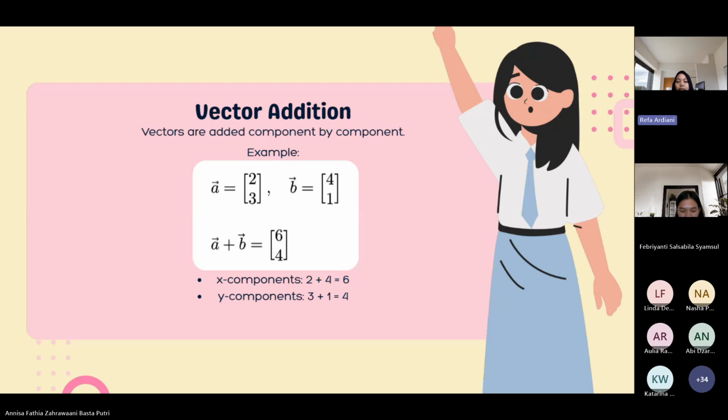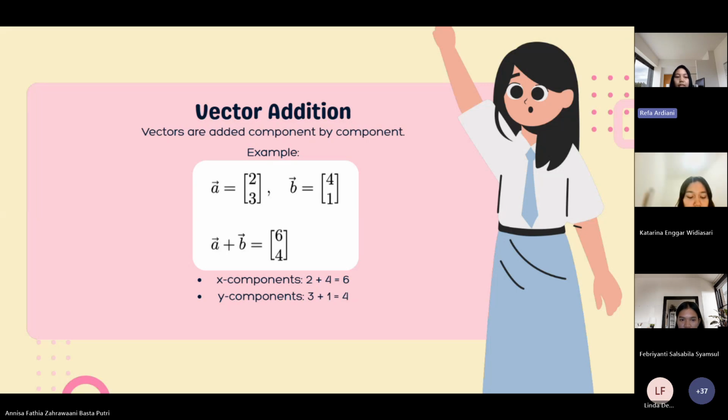The x component of vector A is 2 and the x component of vector B is 4. So we add them together. 2 plus 4 equals 6. Next, the y component of vector A is 3 and the y component of vector B is 1. So 3 plus 1 equals 4. So A plus B equals (2 plus 4, 3 plus 1) equals (6, 4). Therefore, the resulting vector is (6, 4). Okay, next.